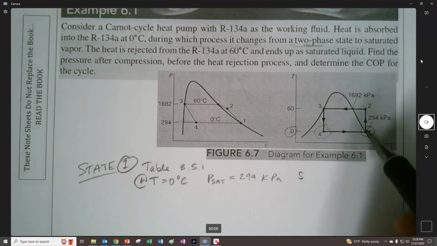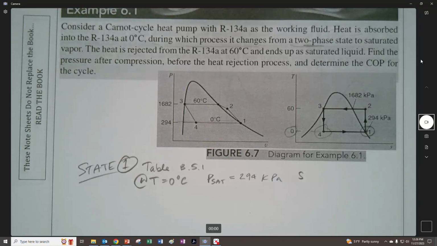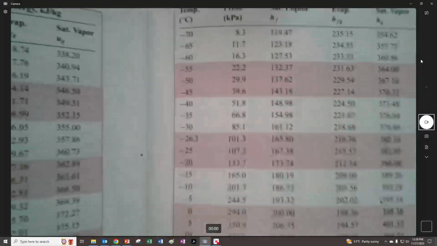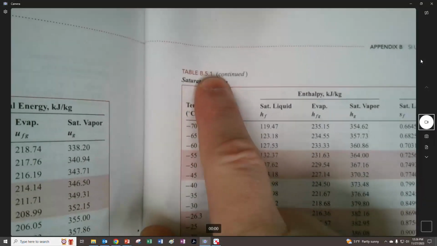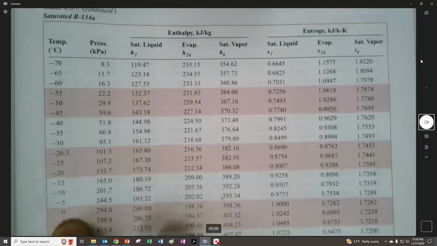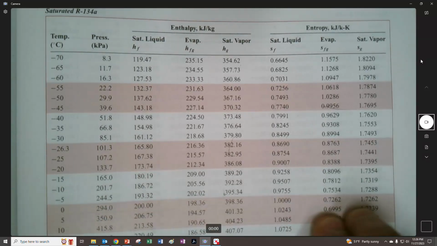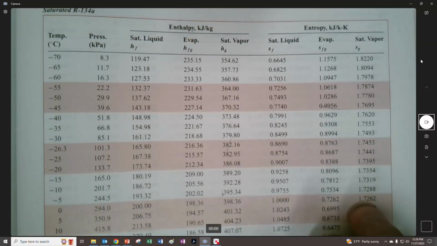And we probably want to find what the entropy is, and that's going to be the entropy of the gas at this temperature. So let's take a look here, and this is table B.5.1. Here's the entropy, and here is 0 degrees. And if we take a look across here, we see that we have an s_g, so the gaseous entropy, 1.7262.